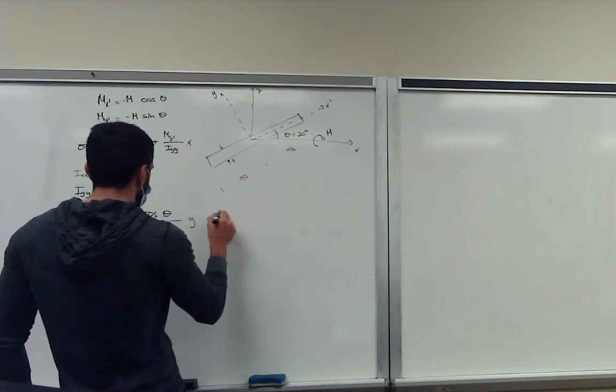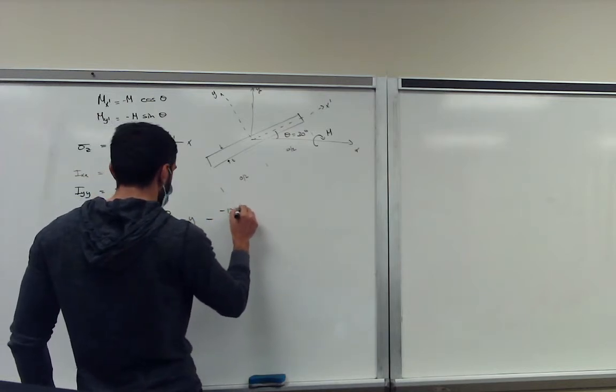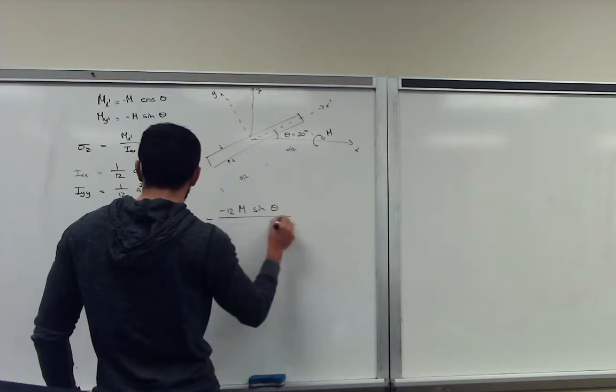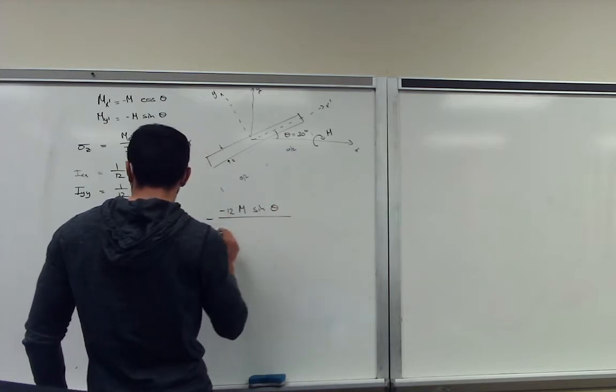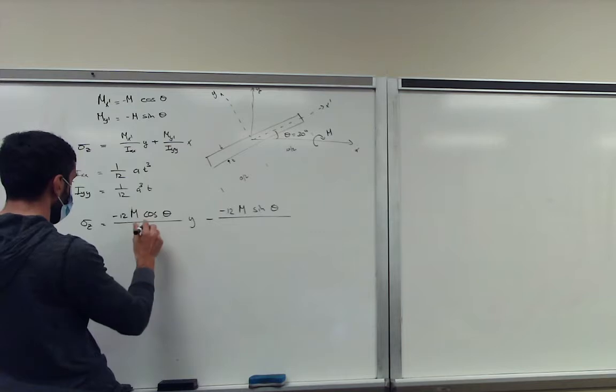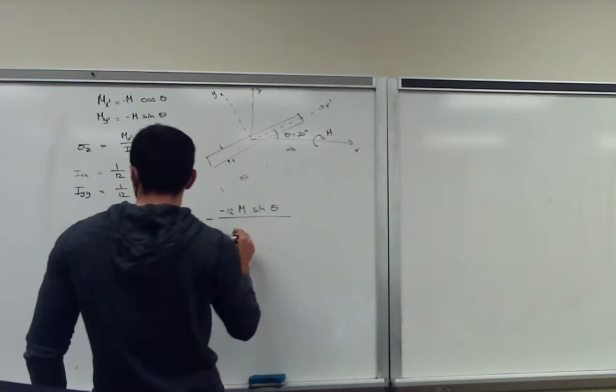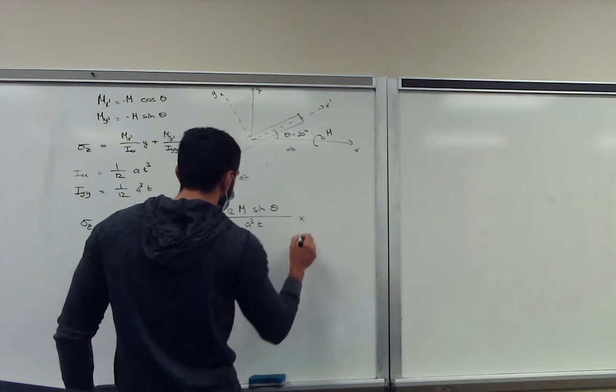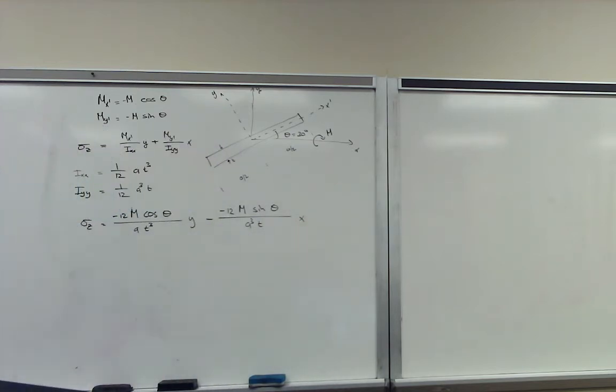This plus becomes minus 12 and sine theta over a t cubed, and this is a cubed t multiplied by x. So this is our equation.